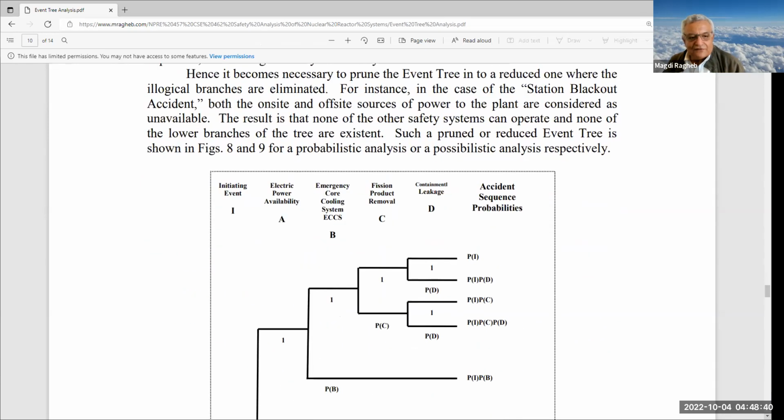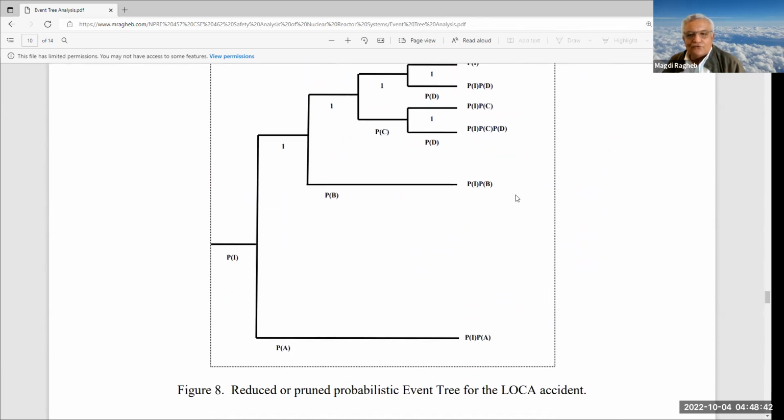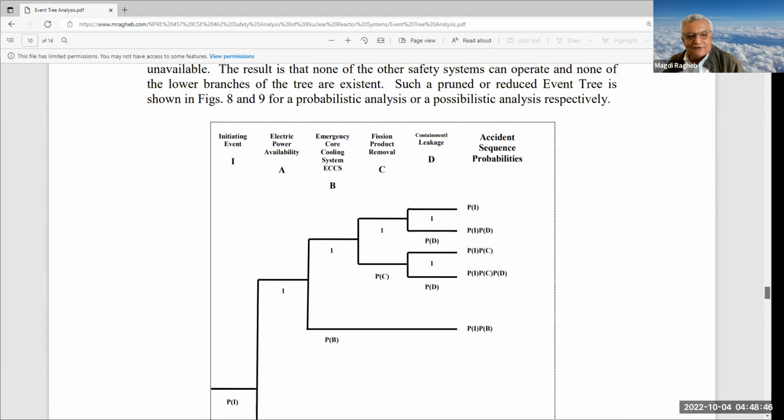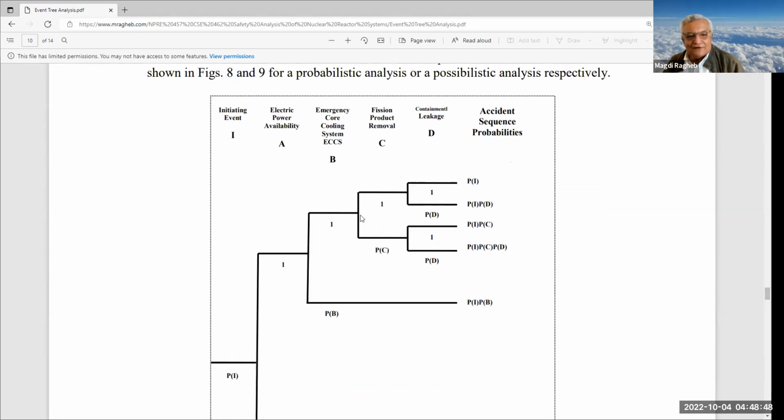And as I suggested, for instance, if you lose your power supply, oh, you cannot start the diesel generator, you cannot start the emergency core. And actually, if the emergency core cooling system also fails, you cannot run the fission product removal system. You cannot get rid of the containment leakage system also.